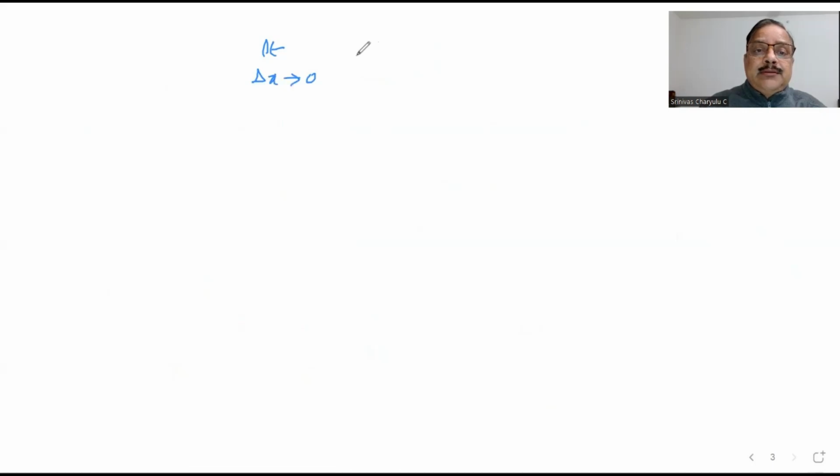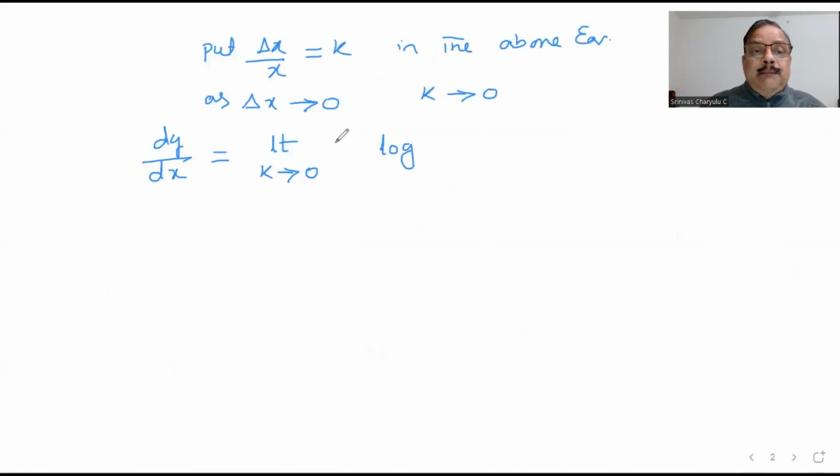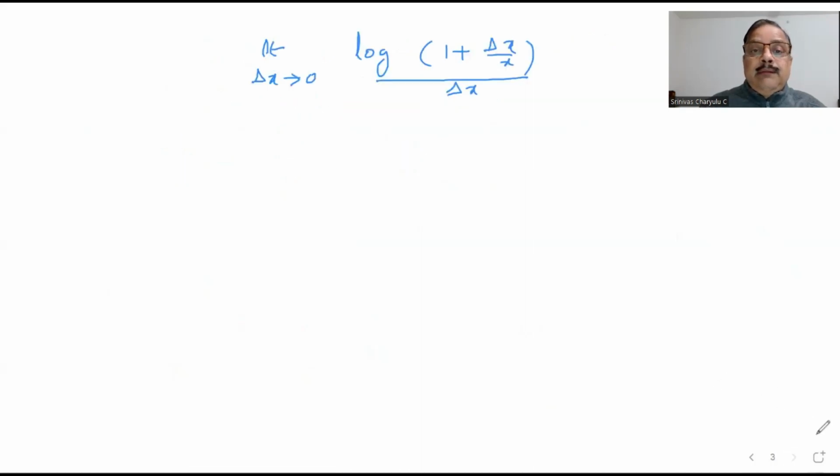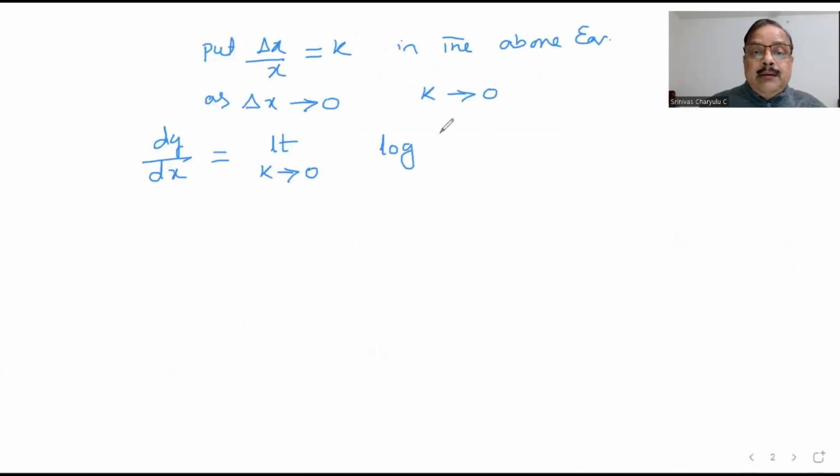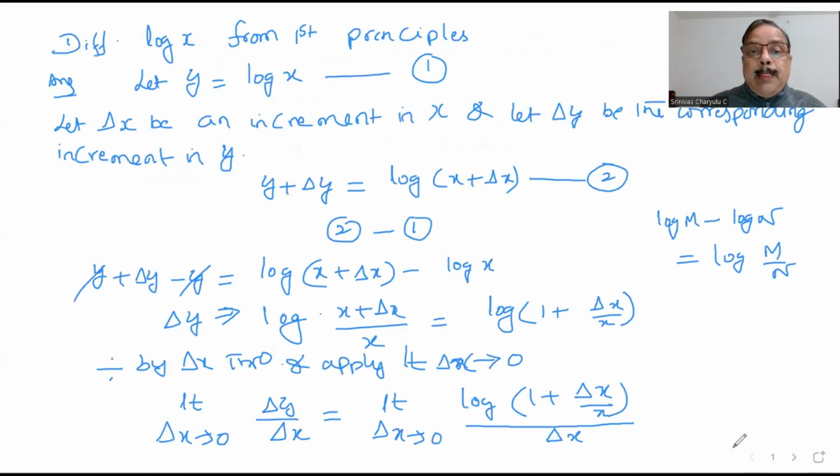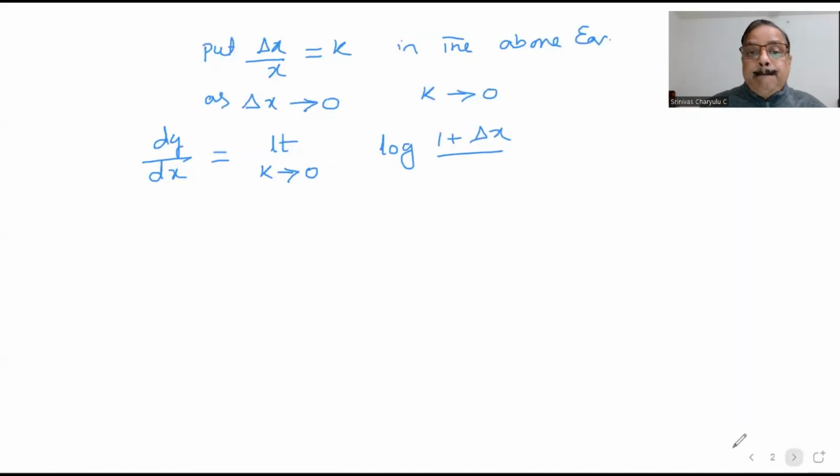First we'll write our equation so that the substitution will not go wrong: log of 1 plus delta x by x, whole thing divided by delta x.